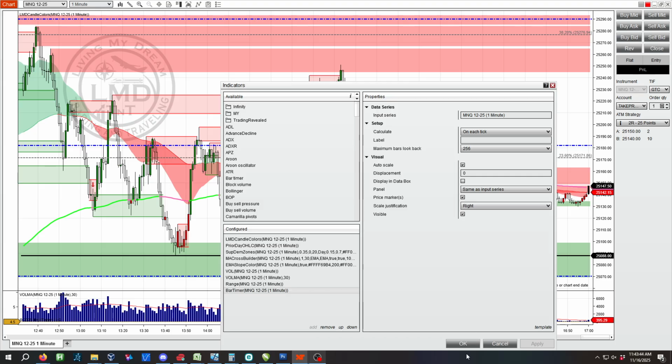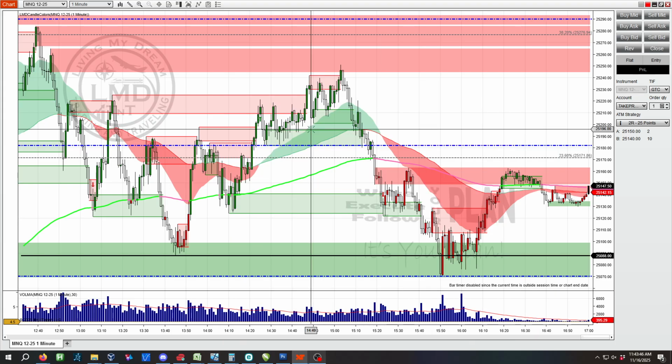So that's what's on my chart, y'all. A lot of people use different indicators. Personally, I don't think there's any right or wrong. Some people swear by VWAP. I used to have VWAP on my chart.